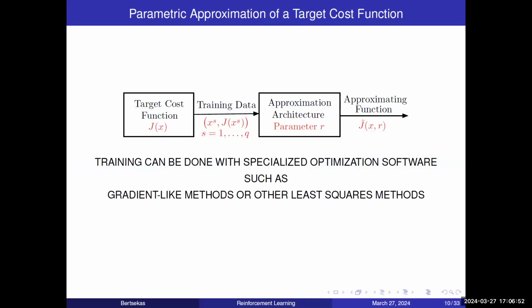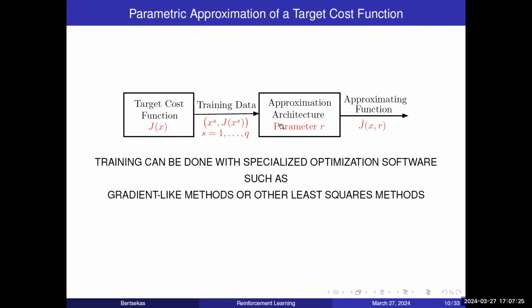All right. So let me give you a practical illustration of parametric approximation, when we would like to approximate a target cost function. Suppose this is some target cost function we would like to approximate. The first step is we collect a lot of training data. This data are state and cost pairs, where Q can be a large number.